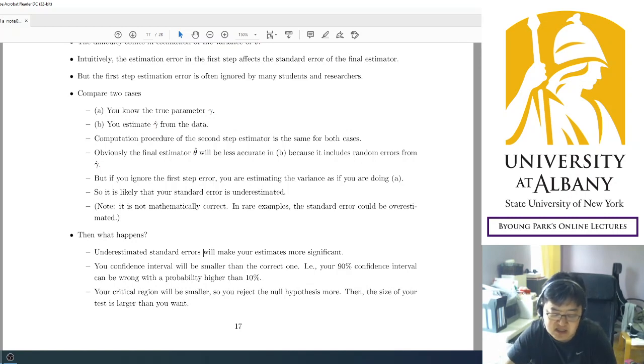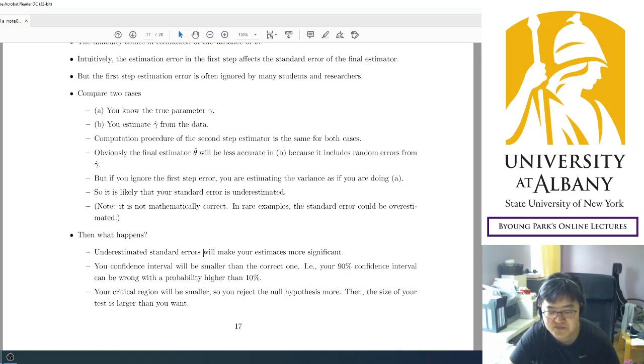Think about the other case. If your estimation was actually significant, but your standard error was misleading so that it looks like insignificant, that is not a big problem, because if your result is insignificant, you are not going to claim any conclusion. So you cannot get any strong conclusion.